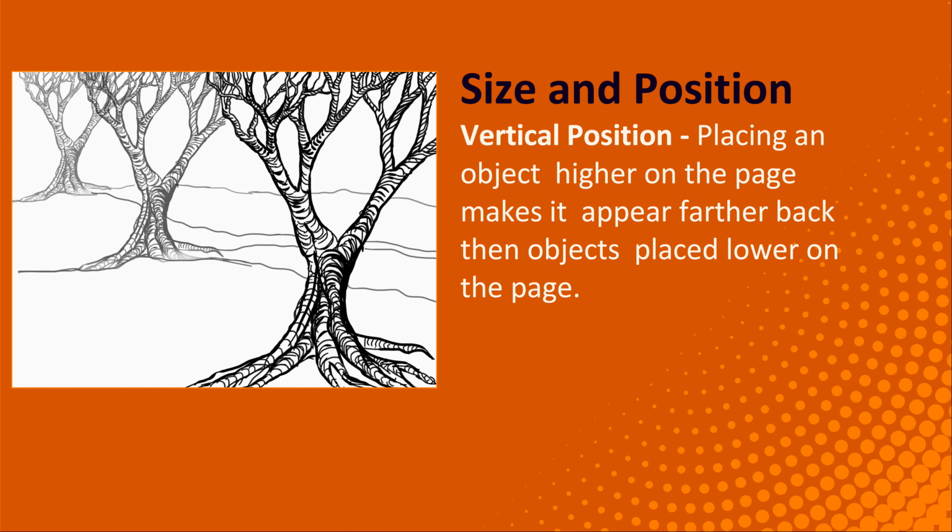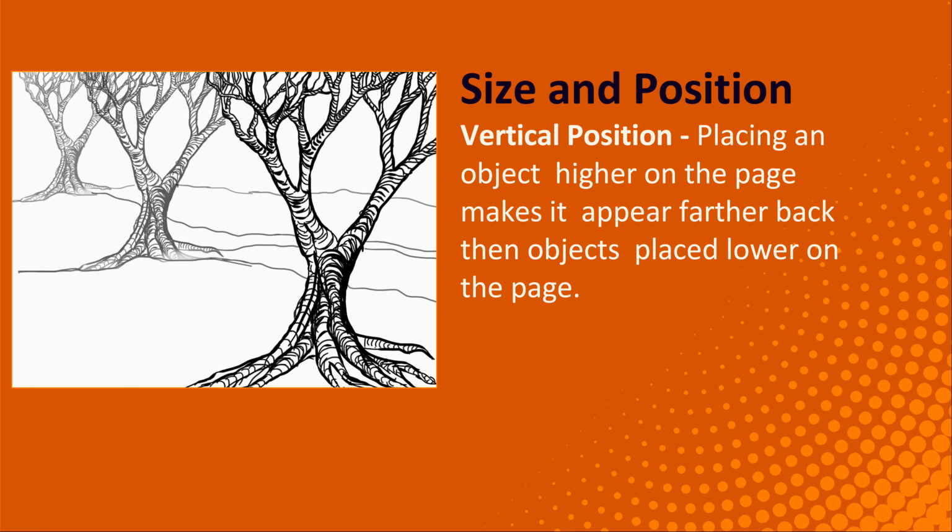Size and position, specifically in this case, vertical position. Placing an object higher on the page has a tendency to make it look like it drops further back. Again, we have a couple of elements going on here, some tone variations, but even if these were all the same tone, just by moving them up in the vertical plane a little bit, vertical positioning helps these trees drop back into the distance.